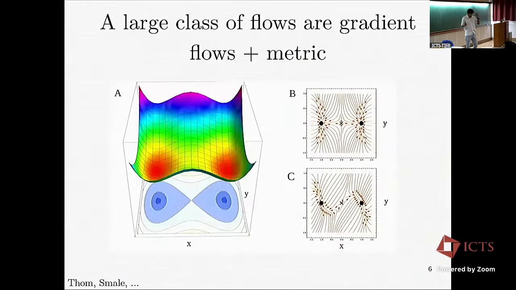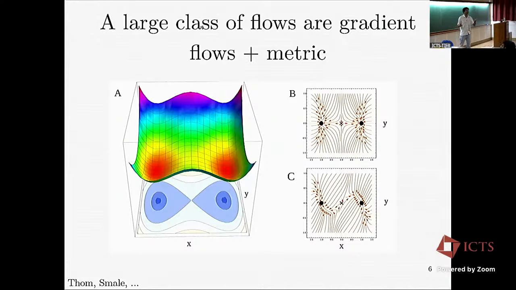Okay, so the way we've been thinking about this is, it turns out, and this is early work that goes back to René Thom, Stephen Smale, and so on, that a large class of flows that we think are biologically relevant are gradient flows, which means that you can really think of the landscape as something that's mathematically defined.